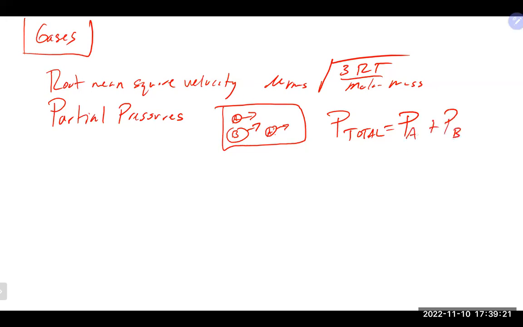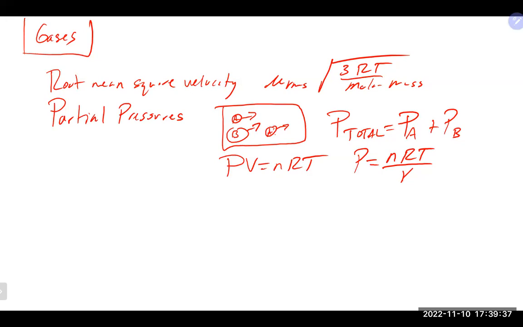You add them together. Very commonly, we calculate partial pressure by just using the ideal gas law, PV equals nRT, and we use it individually for each one. The reason we could do that is, as we talked about, it's an ideal situation.